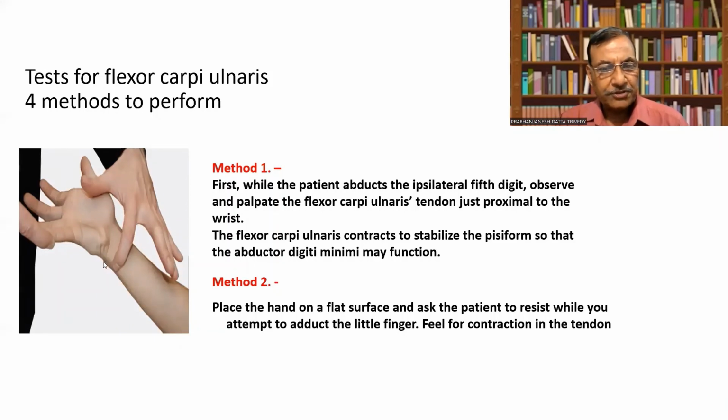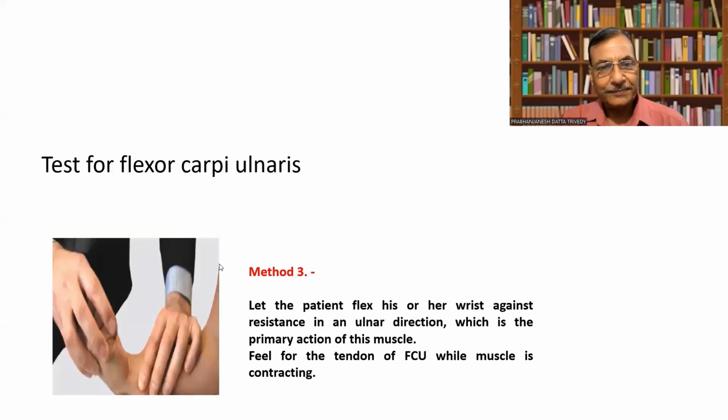Method 2 is, place the hand on the flat surface and ask the patient to resist while you attempt to adduct the little finger and the patient resists it. Again, you will feel the same flexor carpi ulnaris tendon being prominent.